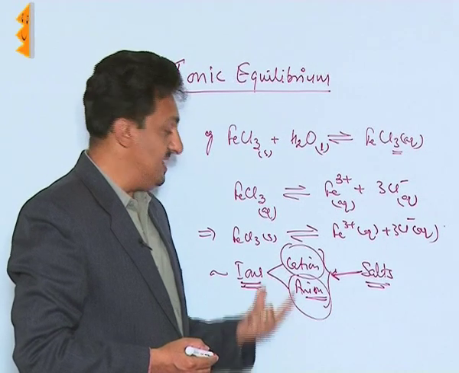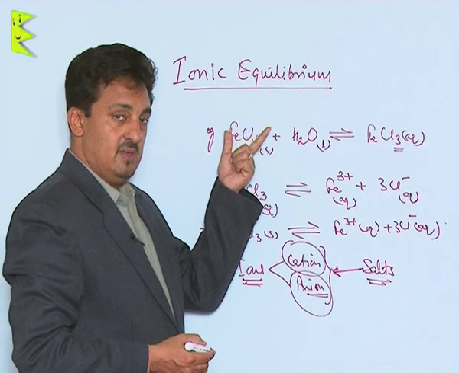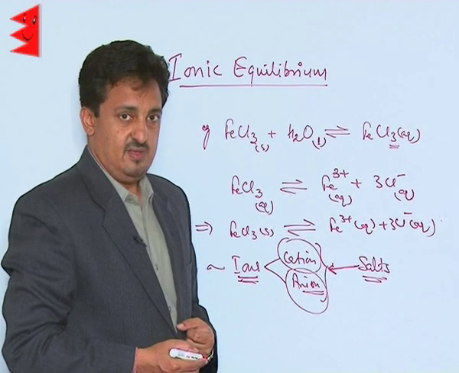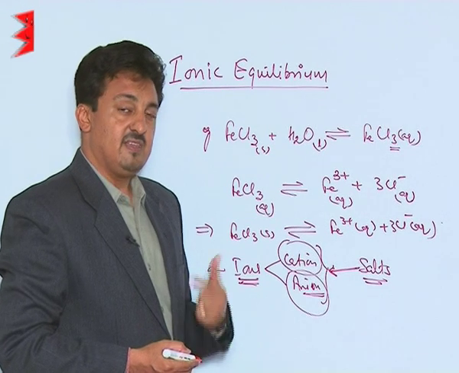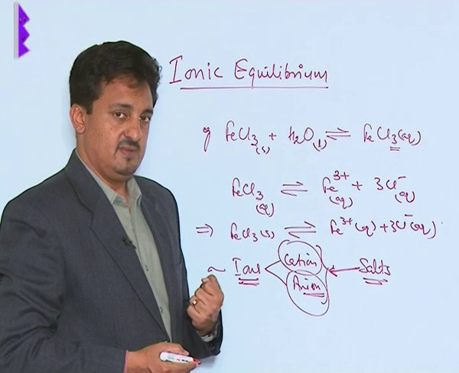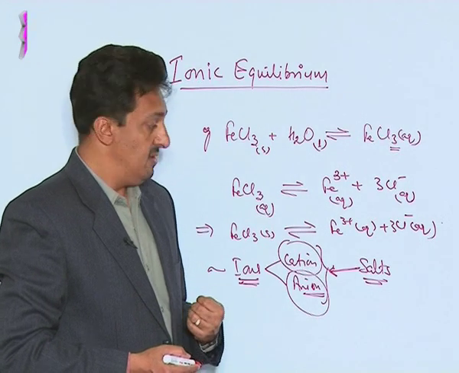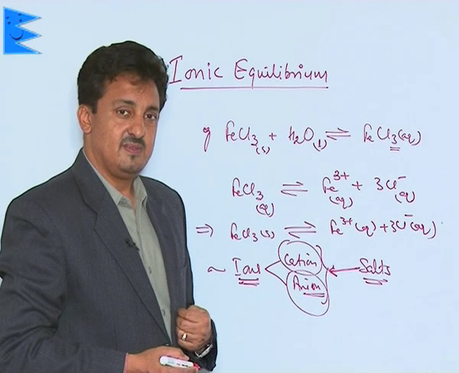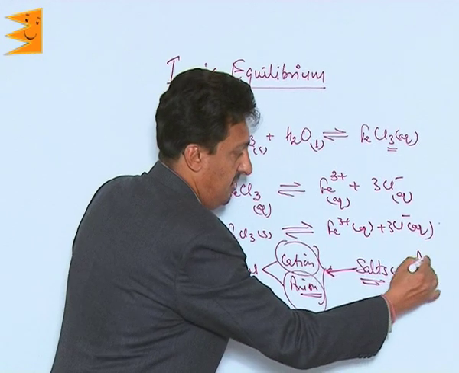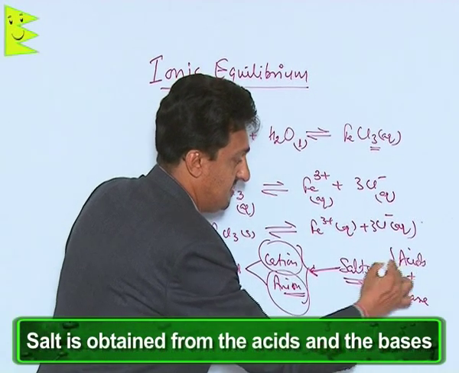So in order to understand the nature of these ions, or to understand the ionic equilibrium, we first must understand the salts, types of salts, nature of the salts, and how they behave in the water. Then the next question comes: from where do we get the salt? The answer to this is from the acids and the bases.